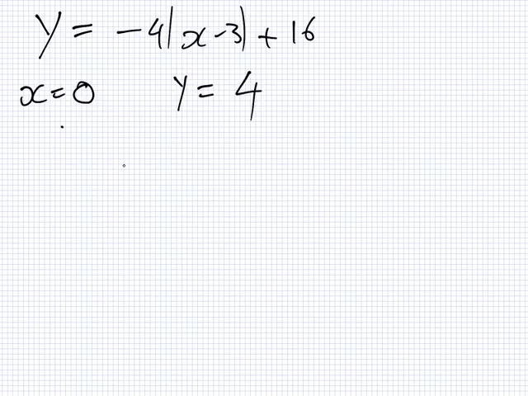So 4. How did you get that? Here, 0 minus 3. What is 0 minus 3? Absolute of minus 3? 3. Multiplied by minus 4?